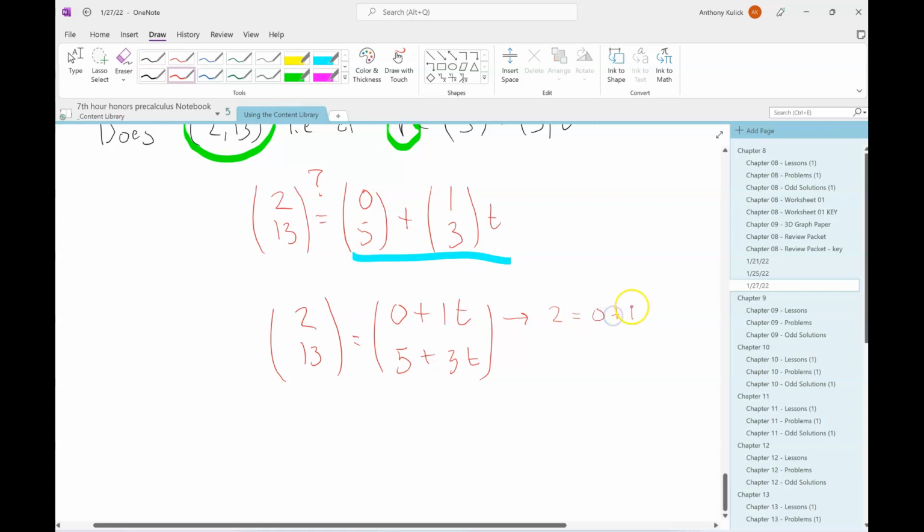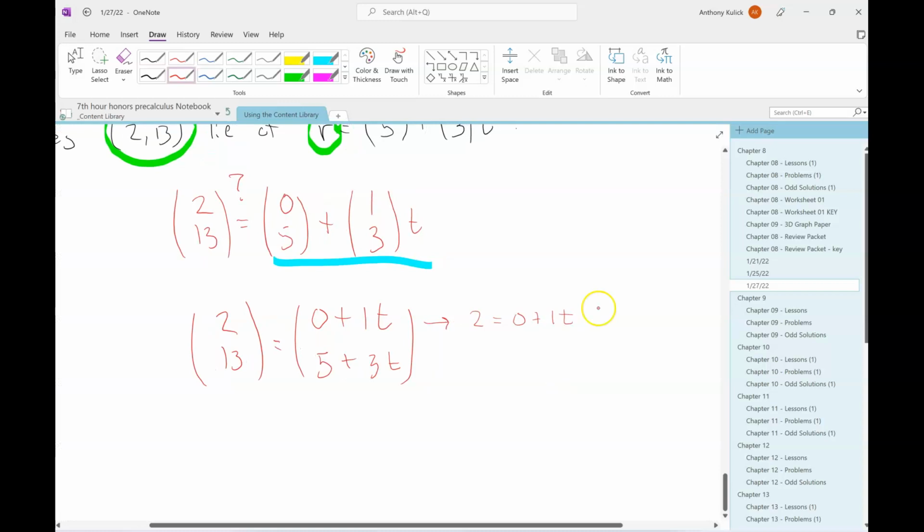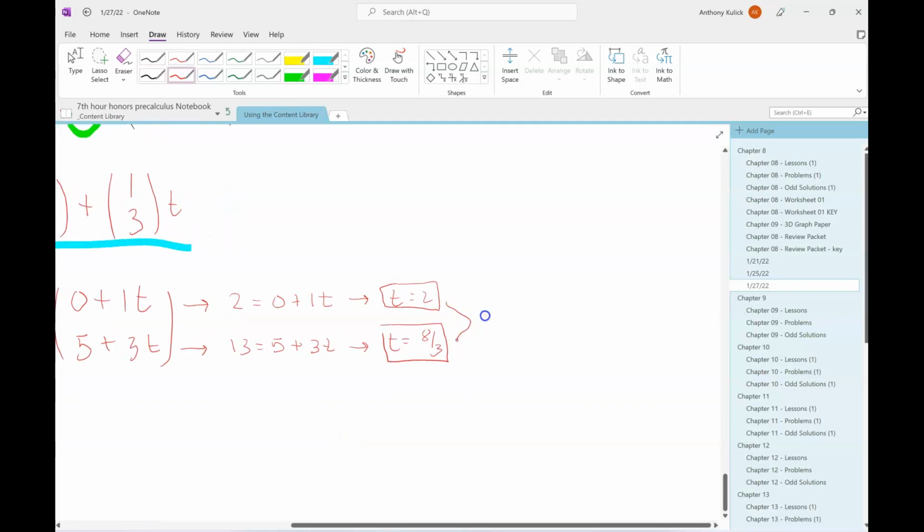So if I look at the x component, t has to equal 2. If I look at the y component, I'd get t has to equal 8/3. But do you see that? Notice that these are different t's.